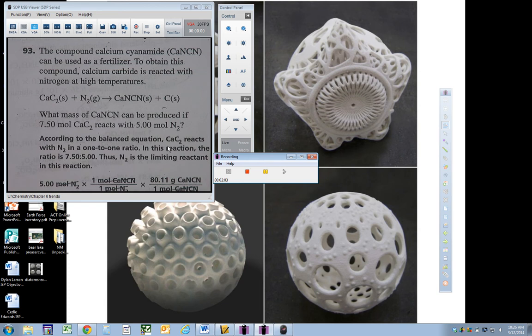However, did they ask me for moles of product? They asked me for mass of product. So I will have to multiply by the molar mass of 80.11. Where did I get that 80.11 again? I added up all of the molar masses from the periodic table.